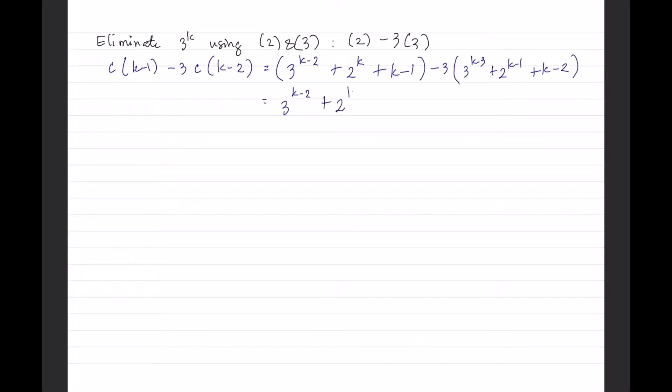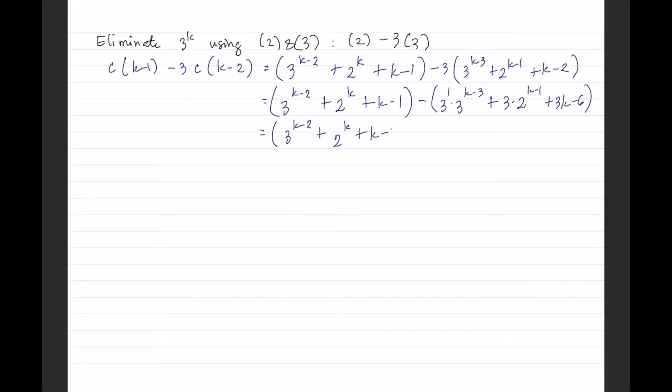So we distribute the constant 3. We copy first 3 raised to k minus 2 plus 2 raised to k plus k minus 1 minus, so we distribute 3. So 3 raised to 1 times 3 raised to k minus 3 plus 3 times 2 raised to k minus 1 plus 3k minus 6. So we do the next step.